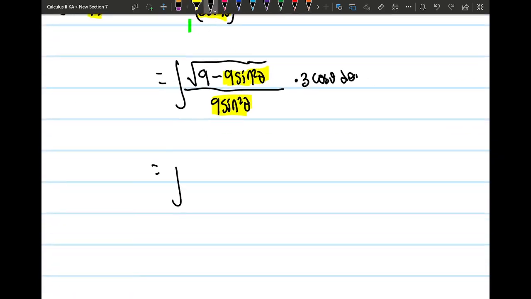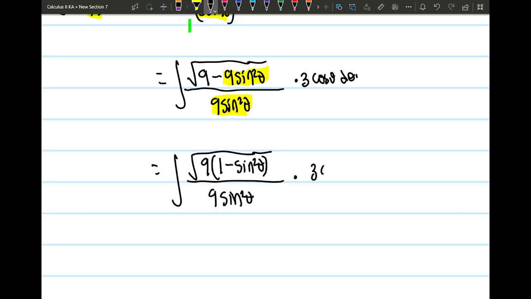We know this is kind of like trigonometric identities, so we need to factor out a 9 from here. So 9 times 1 minus sine squared of theta over 9 sine squared of theta times 3 cosine of theta d theta.